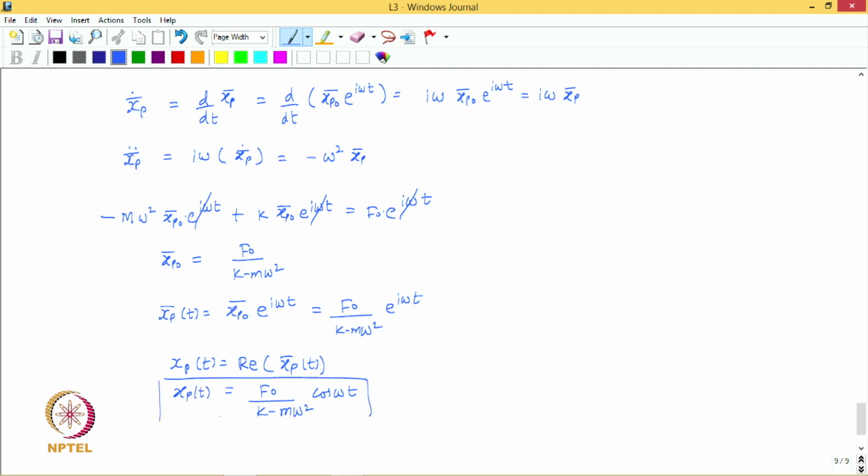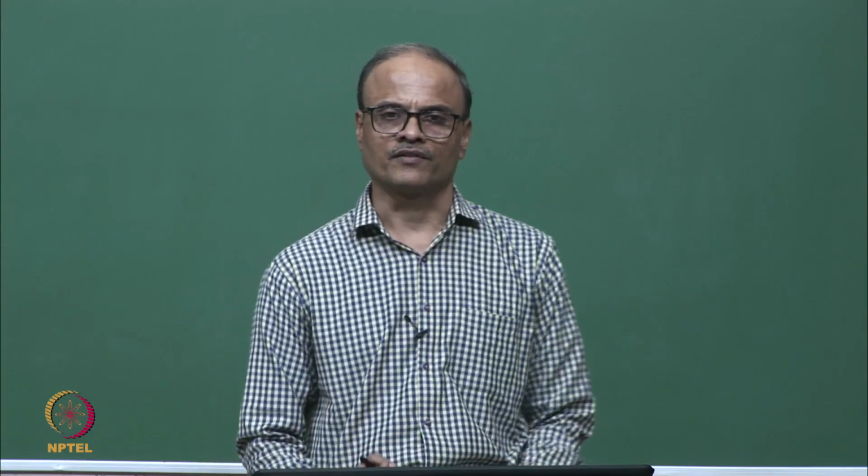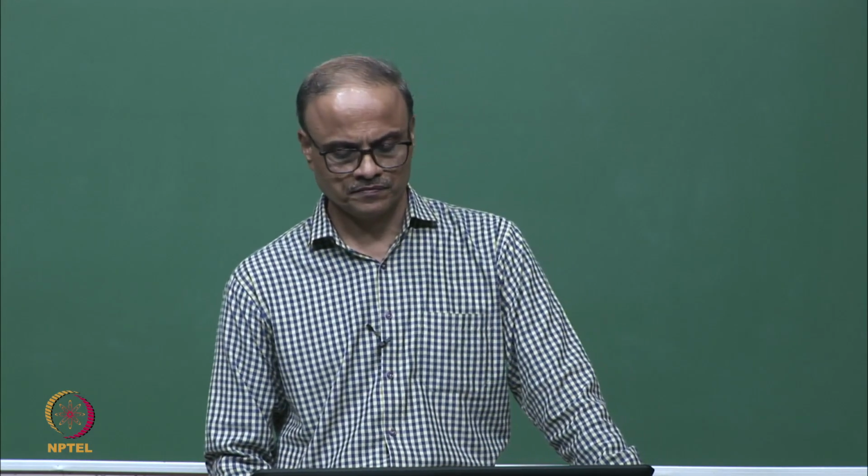We see that it matches the expression we got for the particular part of the solution using the direct method. Hence, this shows that this method works and gives the correct solution.